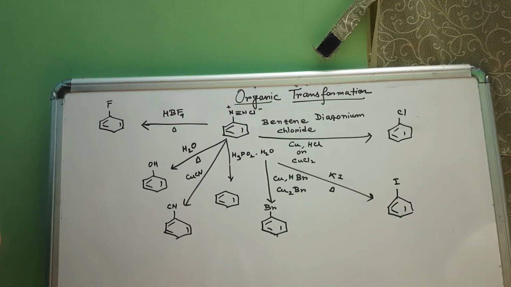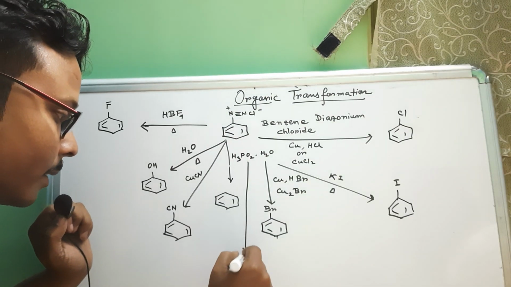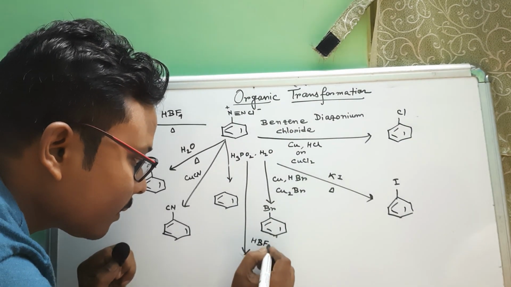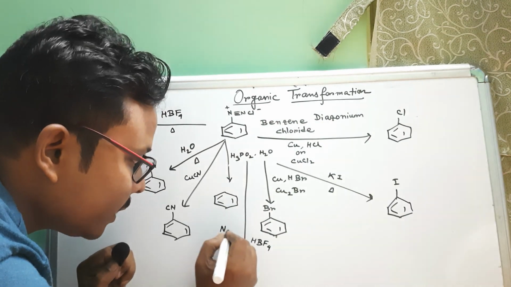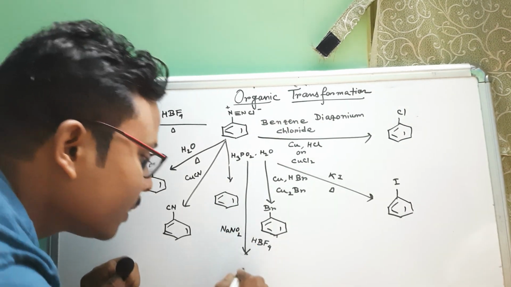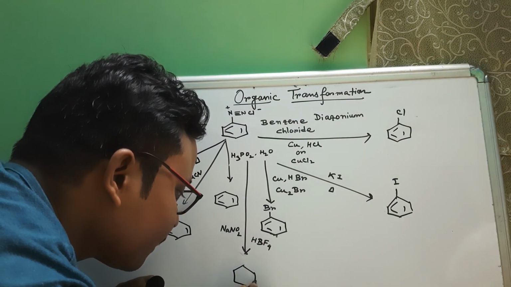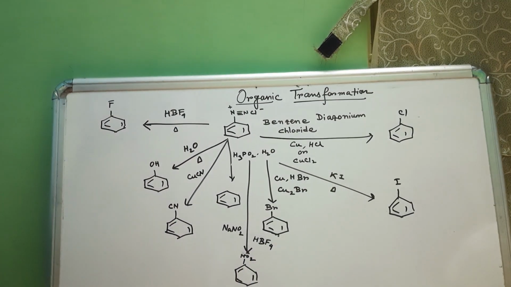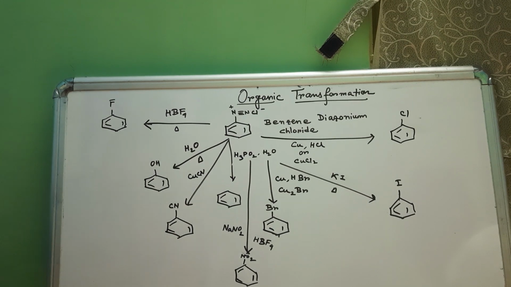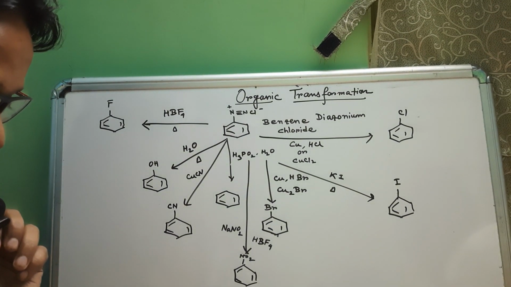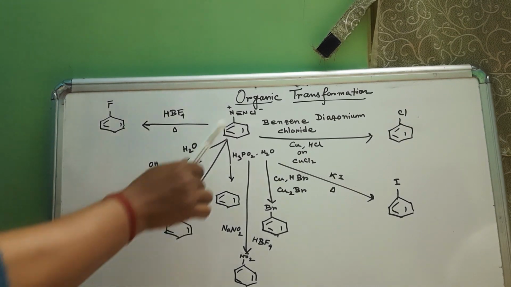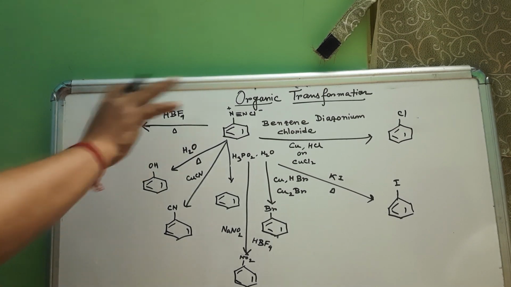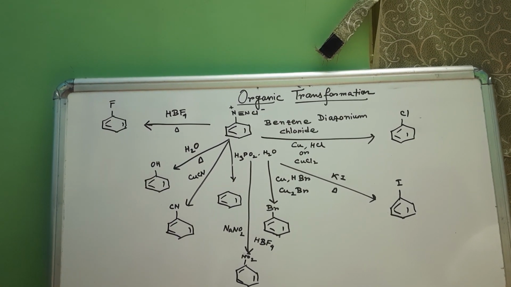And if you treat this with HBF4 and sodium nitrite NaNO2, you will get nitrobenzene. So these are the typical examples of the use of benzene diazonium chloride in organic synthesis. Okay, so write down the flowchart.